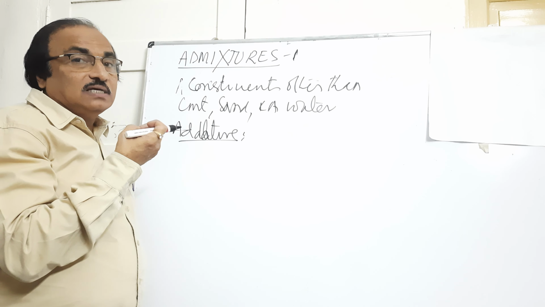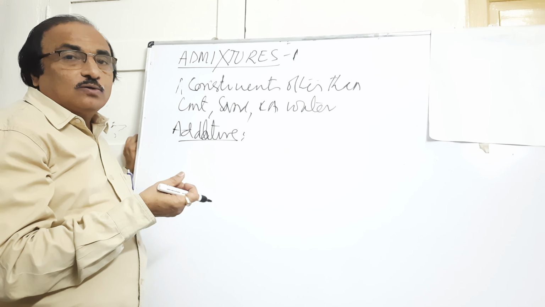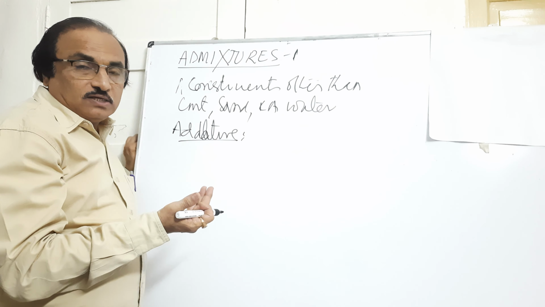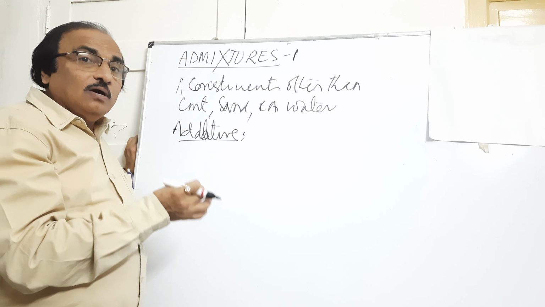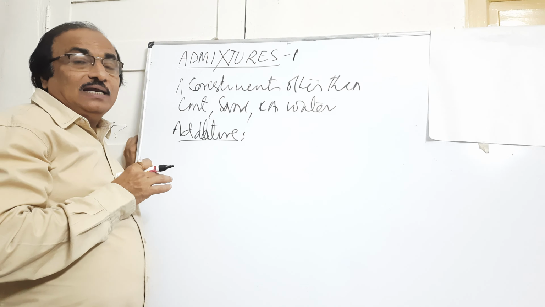The last thing we get is the clinker, and we grind the clinker to convert it into cement by adding gypsum. At that point, whatever ingredients we add other than the required, we call them additives. Additives are used in the manufacturing of cement, whereas admixtures are the constituents that are added in the concrete other than cement, sand, aggregate and water.